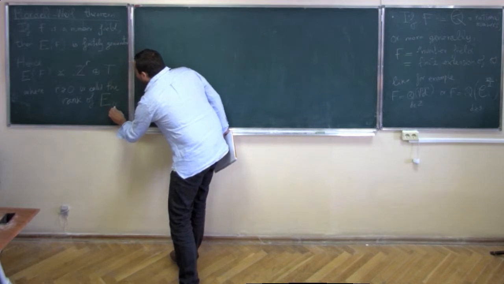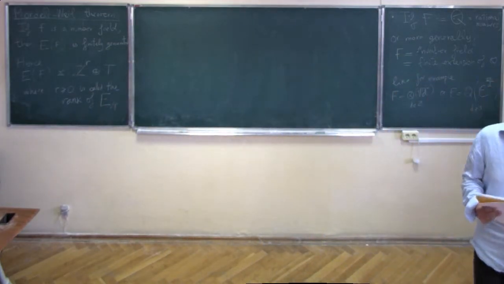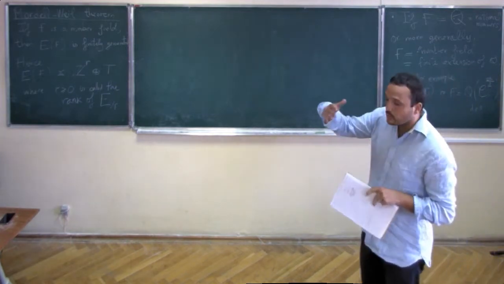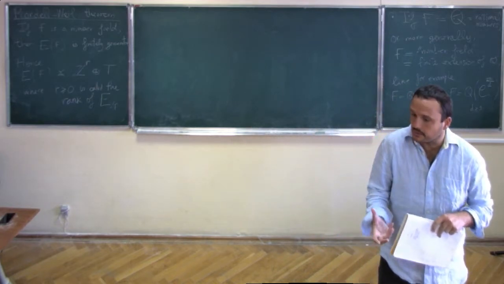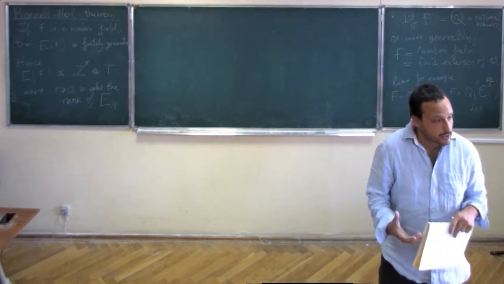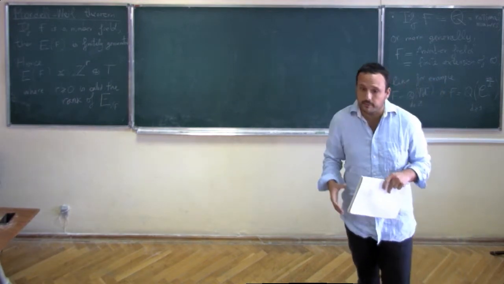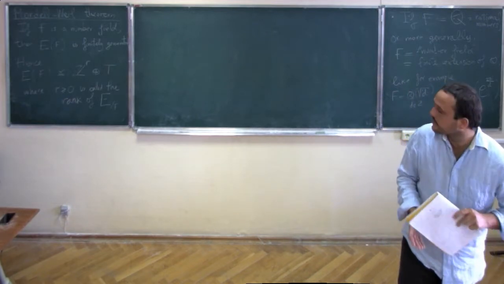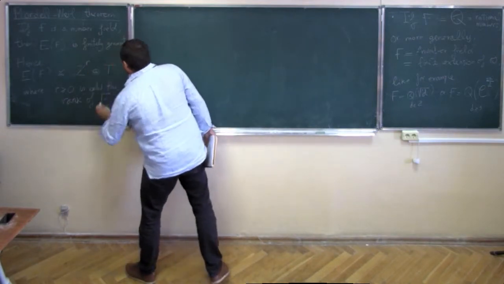I will insist on remembering that I consider this curve over F, because notice that if I have an extension K of F, and if E is an elliptic curve defined over F, I can also regard it as a curve defined over a larger field. And the rank of the elliptic curve over larger fields in general will grow and will change.